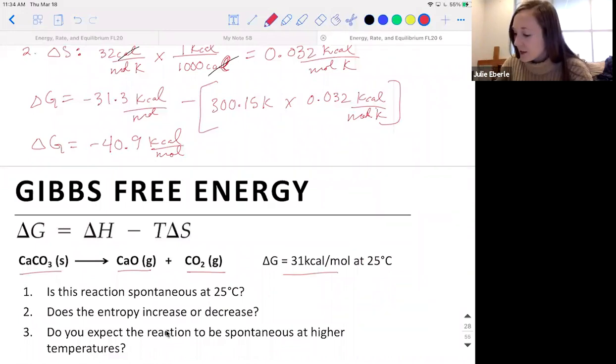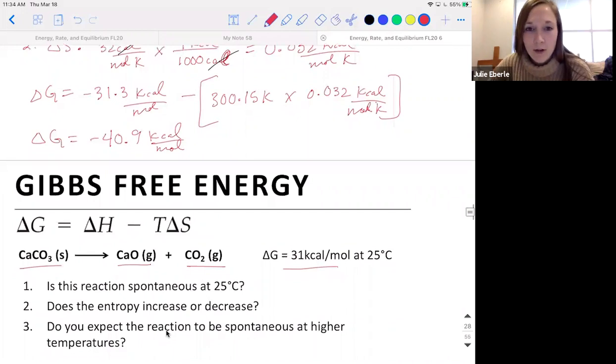We aren't given the delta H or the delta S here, but we are still asked some questions about delta G. So delta G is a positive 31 kcal per mole at this temperature, 25 degrees Celsius. So question one is the reaction spontaneous at that temperature? Haley says no. Mackenzie says no. How do you know that?